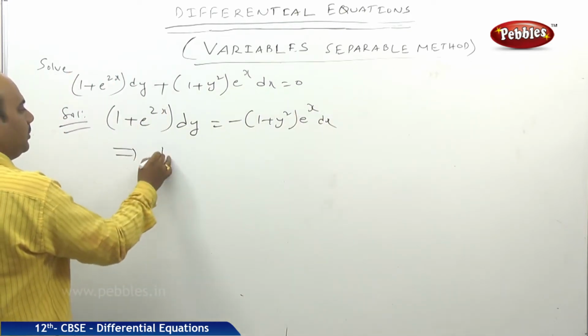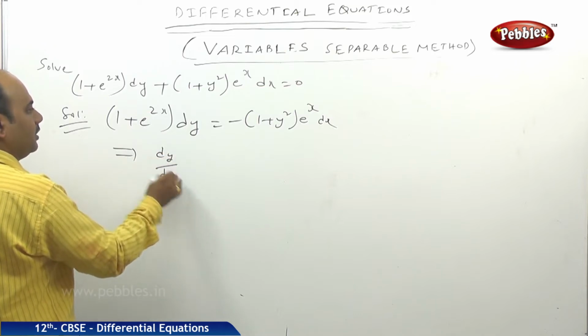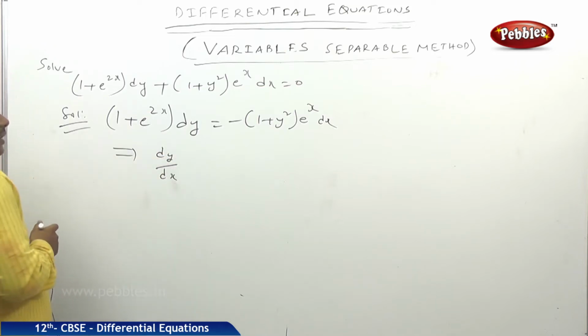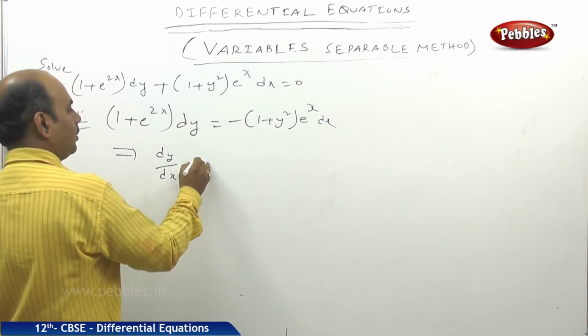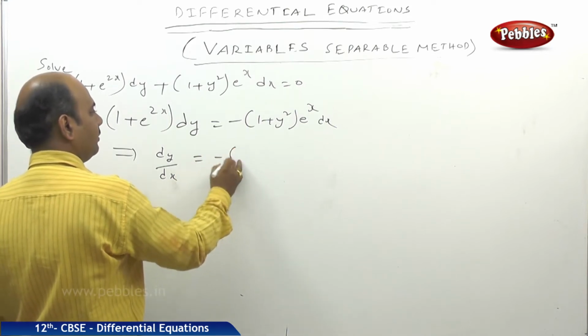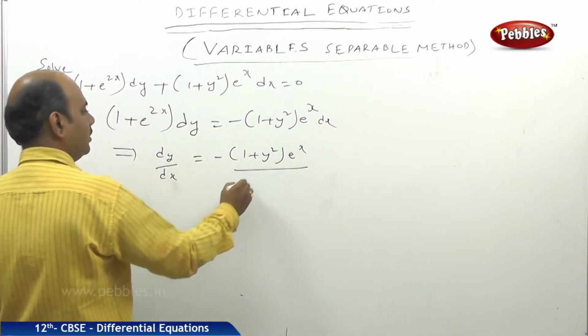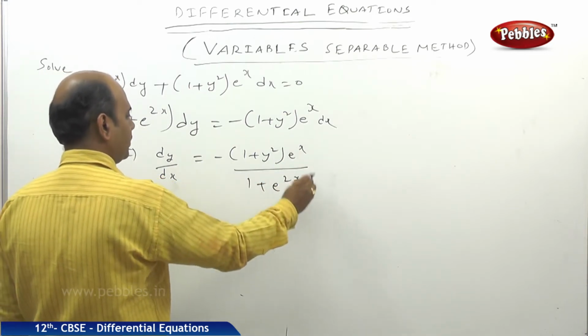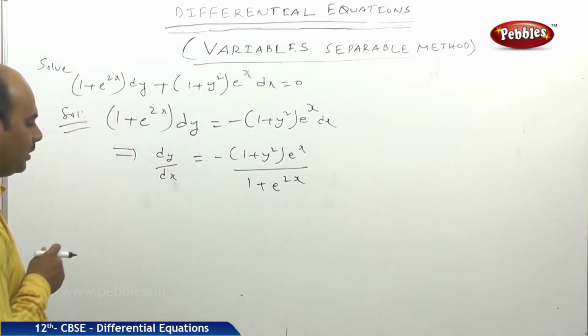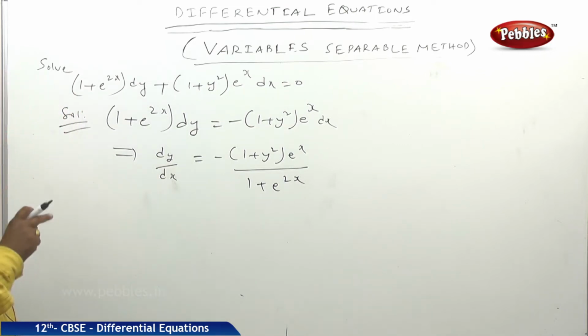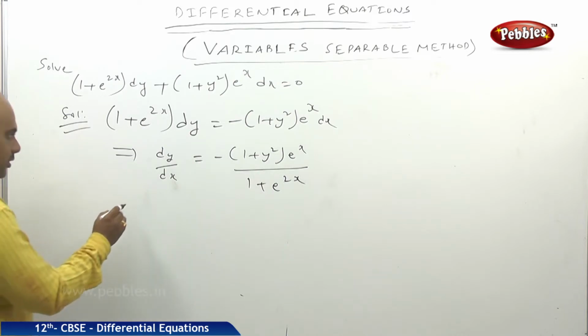So later what I will be doing, I will be making dy by dx. After making dy by dx, what happens, here there remains (1 + y²) e^x divided by 1 + e^(2x). Now I will be making all y terms to one side and all x terms to the other side.